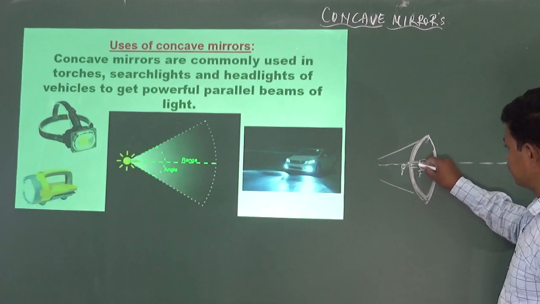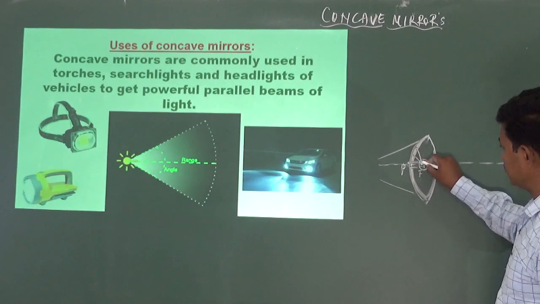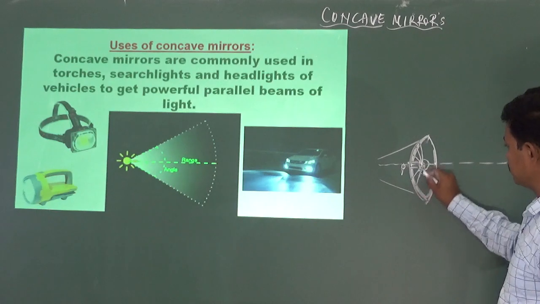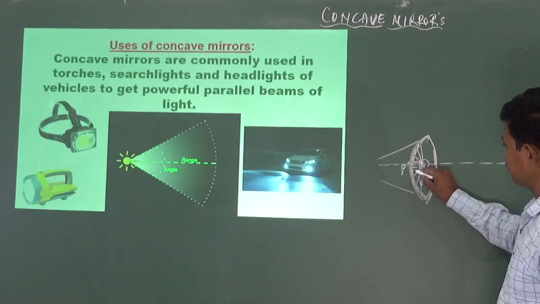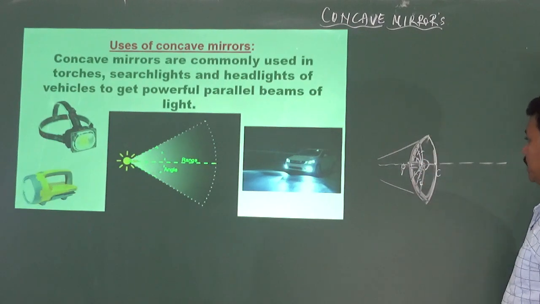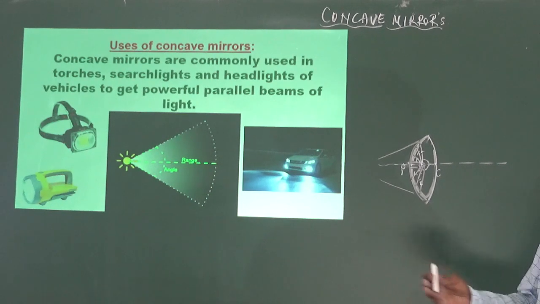When the light comes out of the bulb, it falls on the mirror in different directions. You know that a concave mirror is basically a converging mirror.